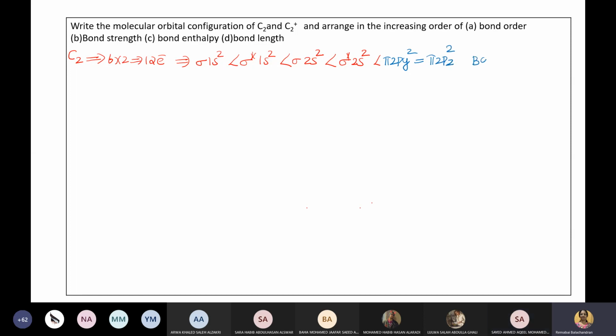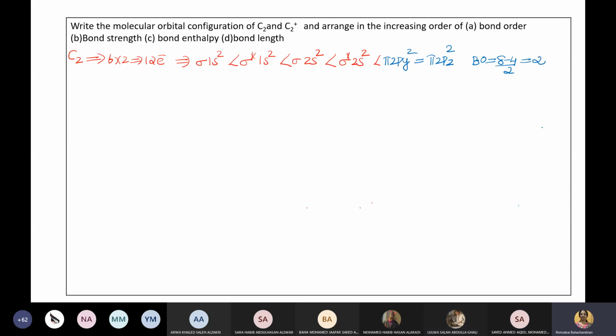What's the bond order? 8 minus 4 over 2 is equal to 2.